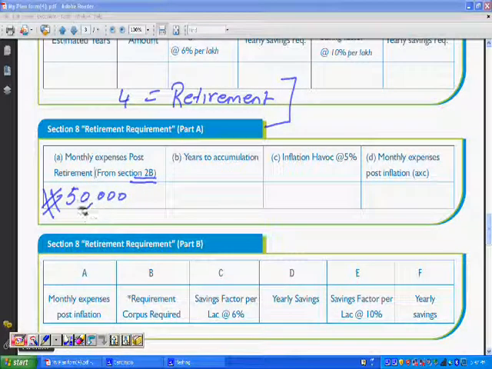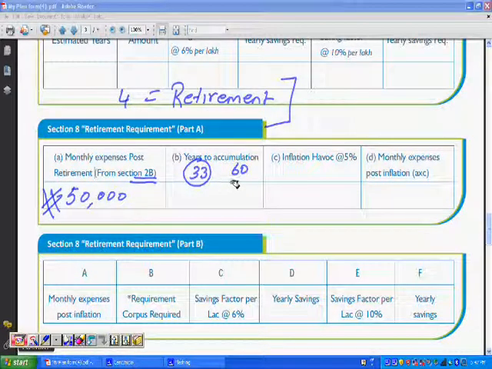Now in our example, our age was 33, right? So we are assuming that we'll retire at the age of 60, and that basically means that we have close to 27 years to accumulate whatever we want for retirement.